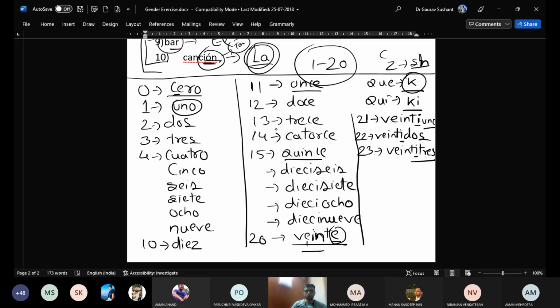Starting with 0, 1, 2, 3, 4, 5, 6, 7, 8, 9, 10, 11, 12, 13, 14, 15, 16, 17, 18, 19, 20. Then it is 21, 22, 23. So this is how you have counting numbers in Spanish.